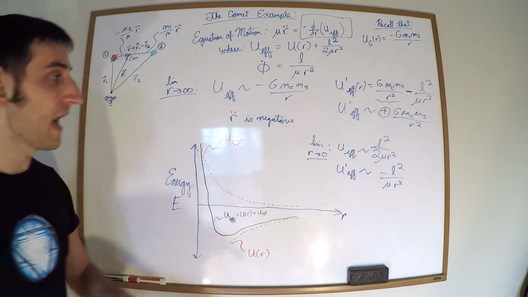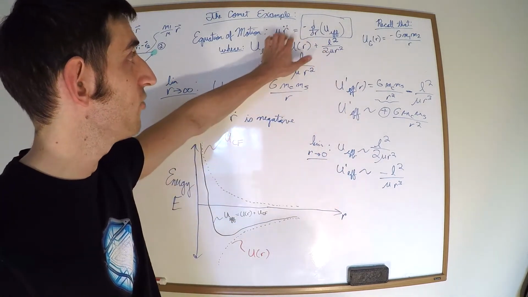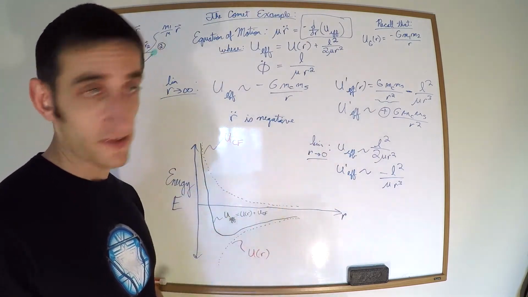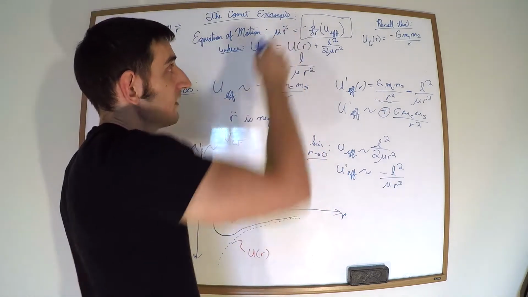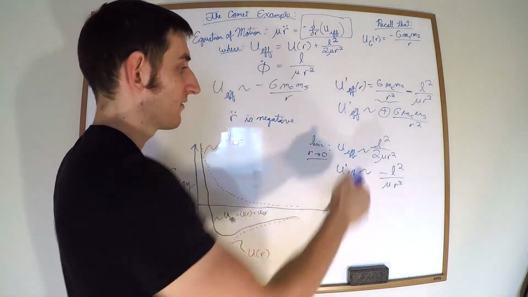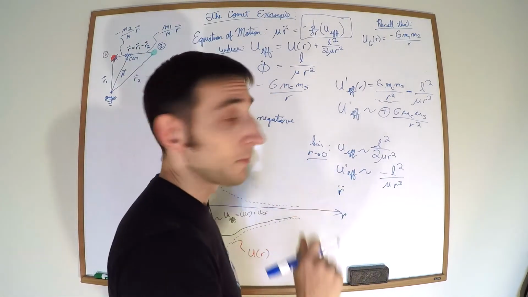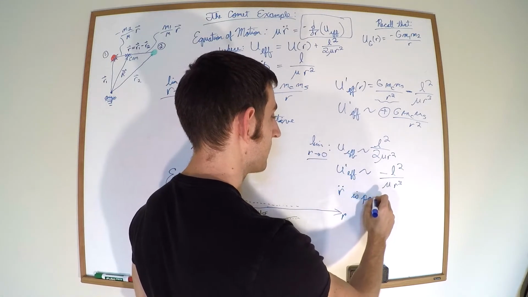So we could take this fact along with our equation of motion and discover some physics regarding what the comet is going to do. So r double dot is equal to the negative of this, and I meant to say r double dot. R double dot is positive in this sense.